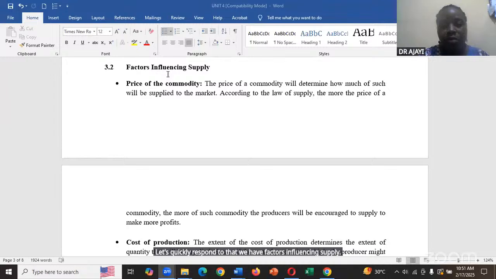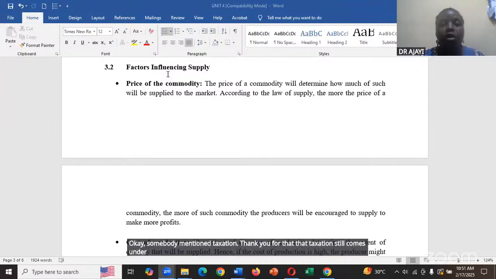Okay, somebody mentioned taxation. Thank you for that. That taxation still comes under government policy. Government policy can be in form of government expenditure, government taxes, government subsidies, and some other key elements that government tries to use. So taxation is one of the government policies that could influence demand.